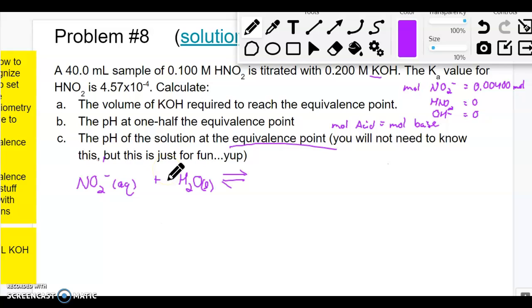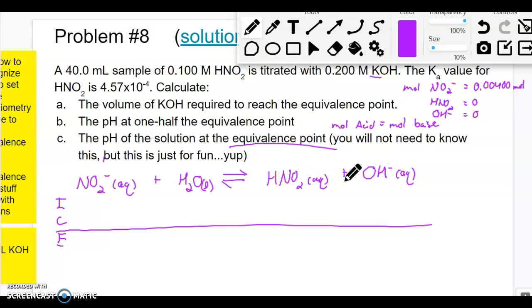It will take on H plus, and we'll get HNO2 aqueous plus OH minus aqueous. And notice that this equation is really just our first equation flipped around. And we really didn't need to rewrite it, but it might make this next part a little easier to visualize and see what's going on. And so we're going to set up an ice table.